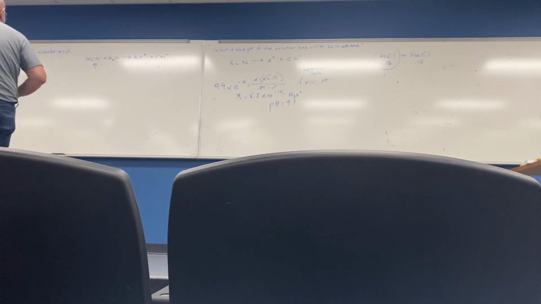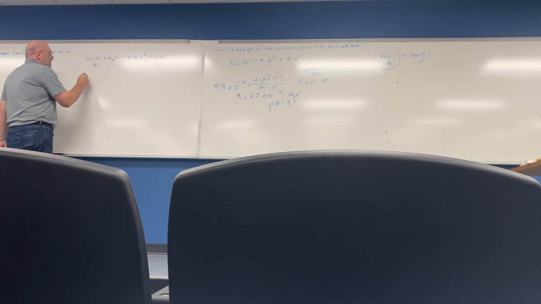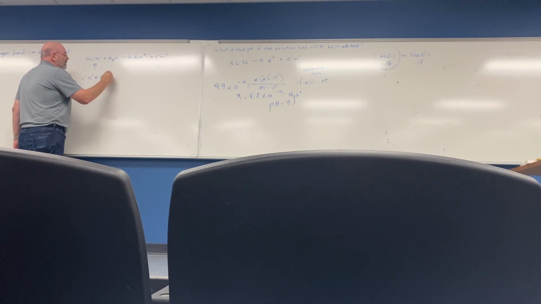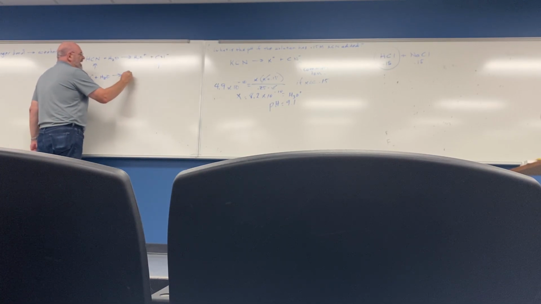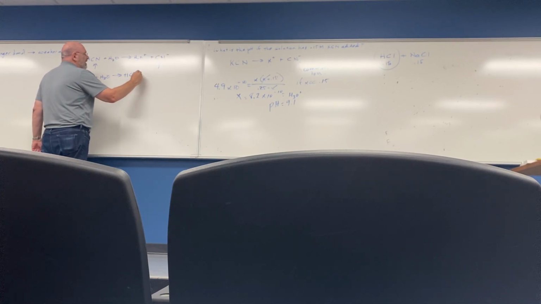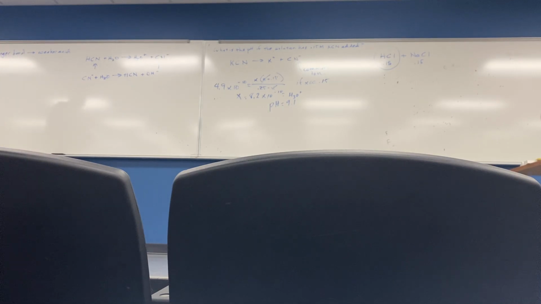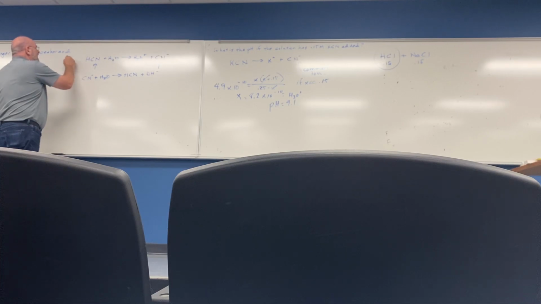Let's take a look at that. So here's my conjugate base. And now I'm going to react it with water to go back to HCN and OH minus. Right? So this is a Ka, this is a Kb.